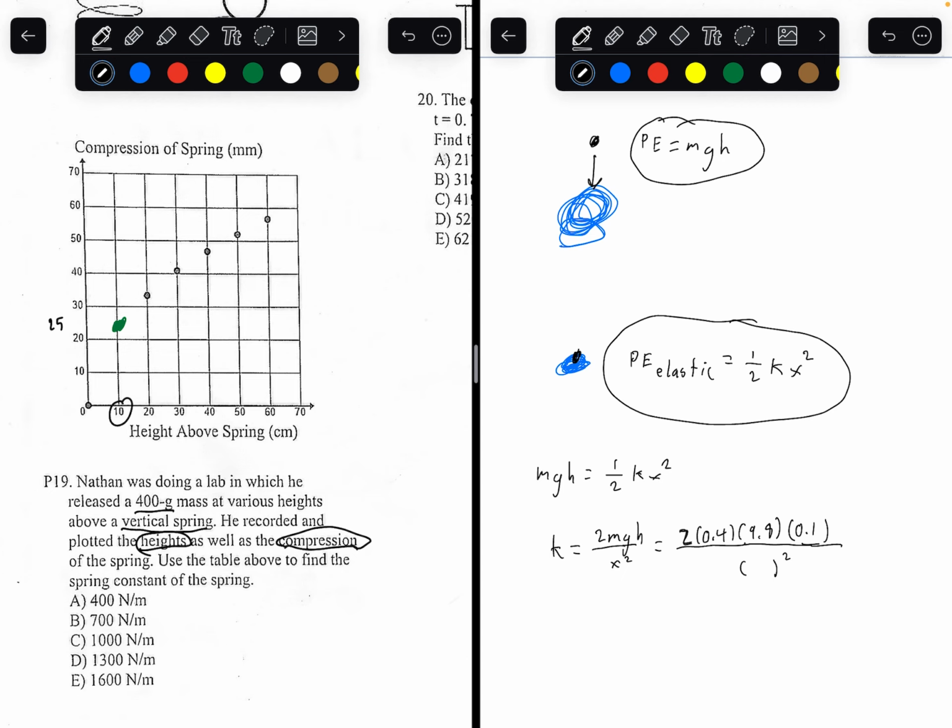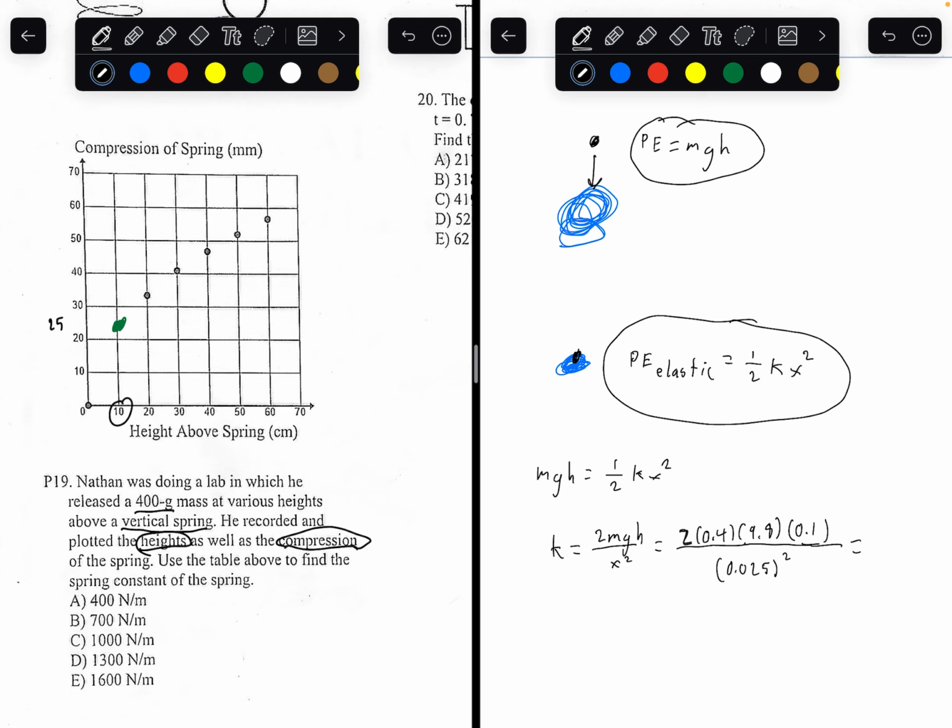And 25 millimeters is equal to 0.025 meters. So plugging everything in, you would get 2 times 0.4 times 9.8 times 0.1, divided by 0.025 squared.